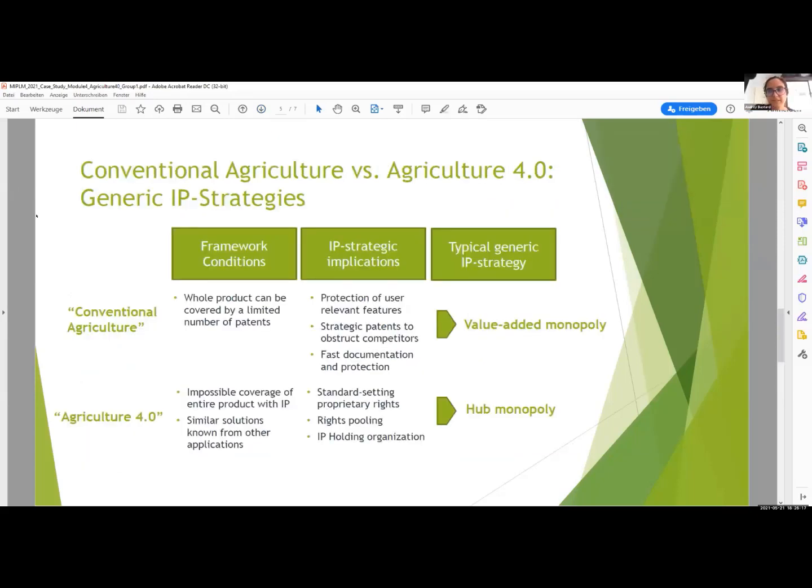Here is a presentation of generic IP strategies for conventional agriculture versus agriculture 4.0. Regarding the framework conditions in conventional agriculture, the whole product can be covered by a limited number of patents.